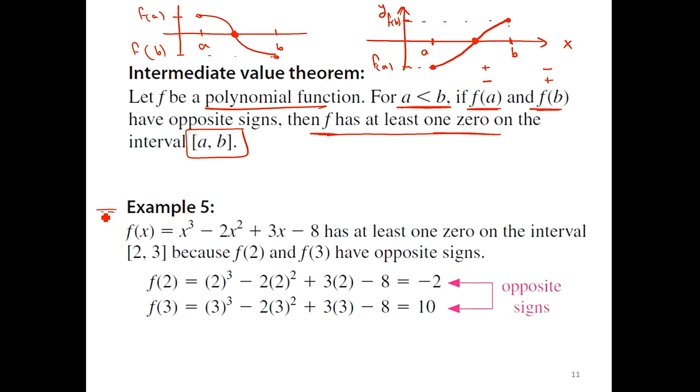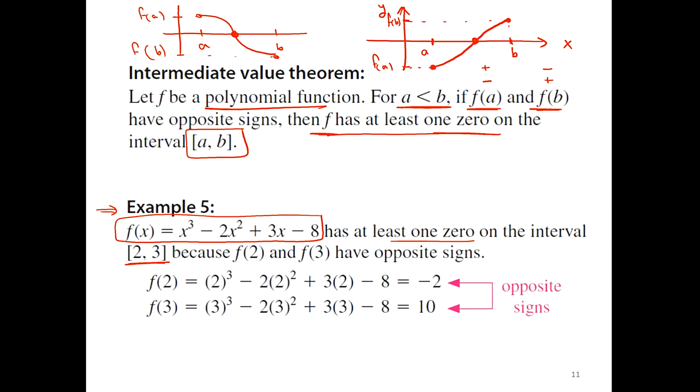Look at example 5. This is the polynomial. We need to verify it has at least 1 zero on the interval between 2 and 3.